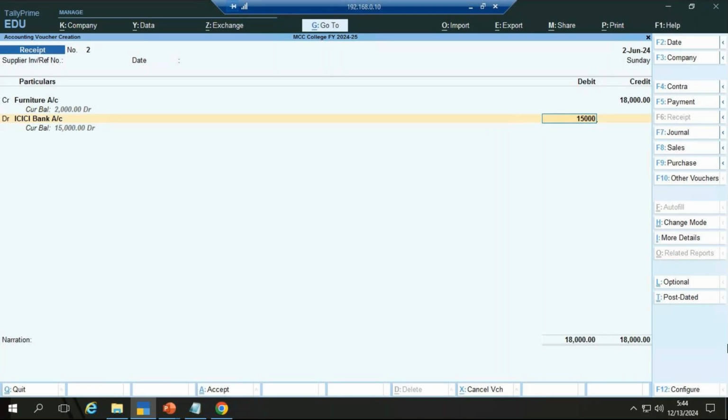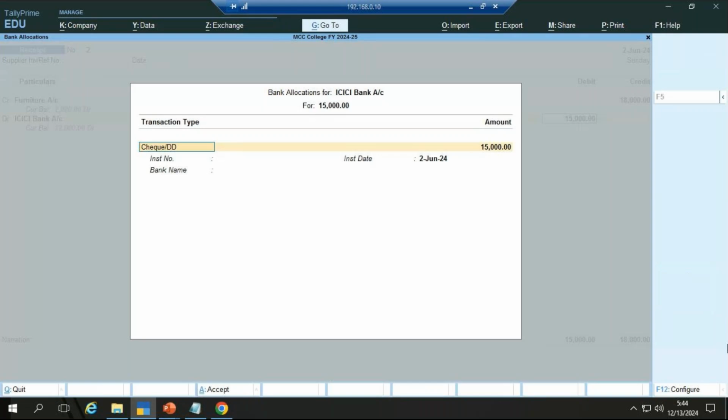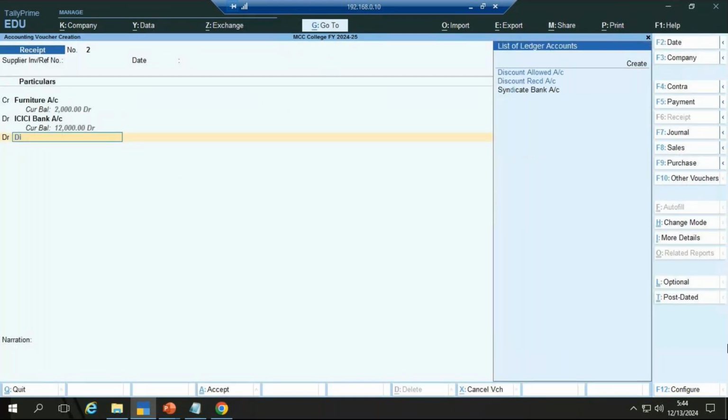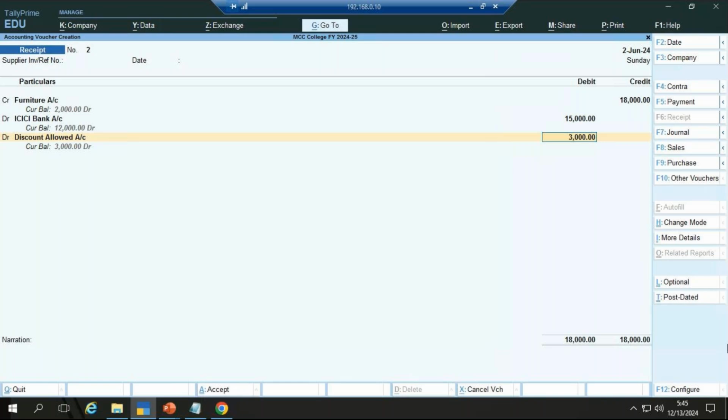Type it. Enter. Debit discount allowed 3,000. So the next transaction is credit furniture 18,000, debit ICICI Bank 15,000, debit discount allowed 3,000.